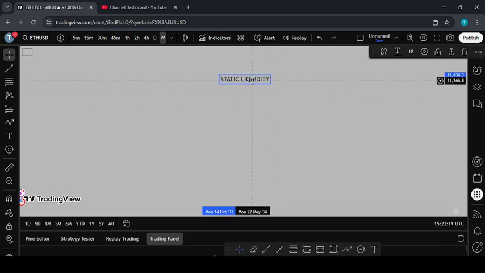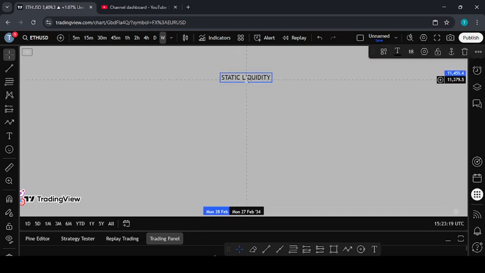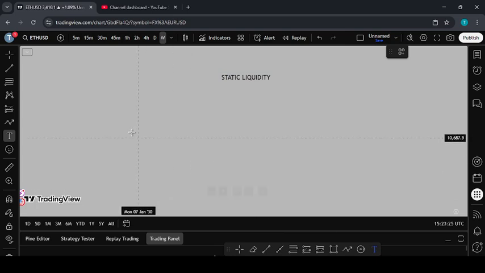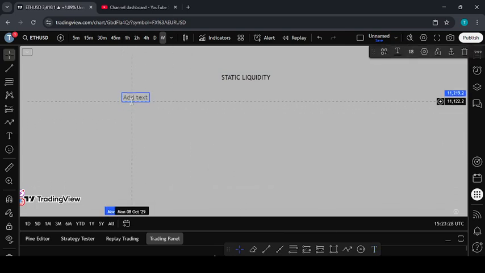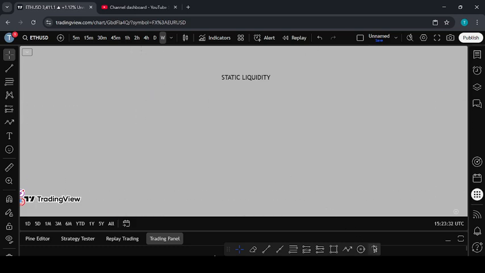So it's important you know how this liquidity forms. Static liquidity can be identified in areas like equal lows. There are so many ways to identify them. The first one is equal lows. Don't worry, we'll go to the chart in the next video to identify them, but I really need to tell you guys all these things.